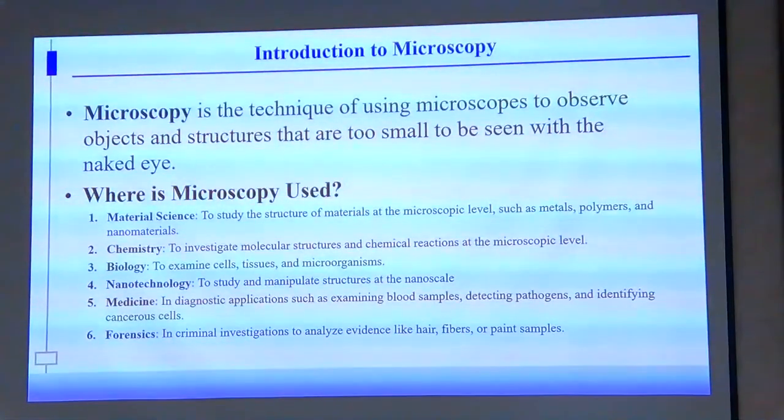So the very first question is, what is microscopy? Microscopy is the technique of using a microscope to observe objects that are very small, which we cannot see with naked eyes. Microscopy is widely used in all applications related to material science, and even in chemistry and biology.